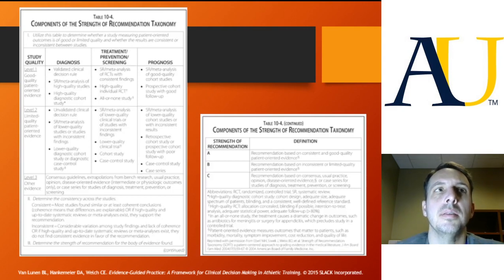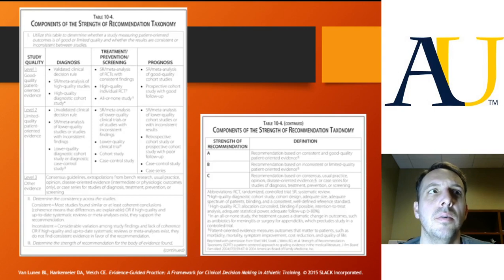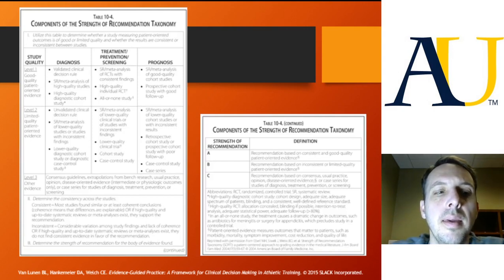So the components of the strength of recommendation taxonomy, or SORT: there are 3 levels within the SORT guidelines for levels of evidence, and then 3 strengths of recommendations.